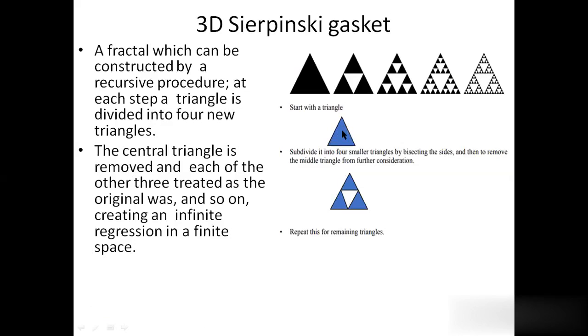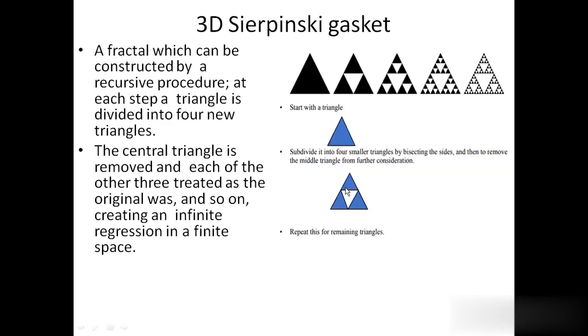A fractal which can be constructed by a recursive procedure, meaning at each step a triangle is divided into 4 new triangles. You can see in the image every triangle has been divided into 4 new triangles. Subdivide into 4 smaller triangles by bisecting the sides and then remove the middle triangle from further consideration.